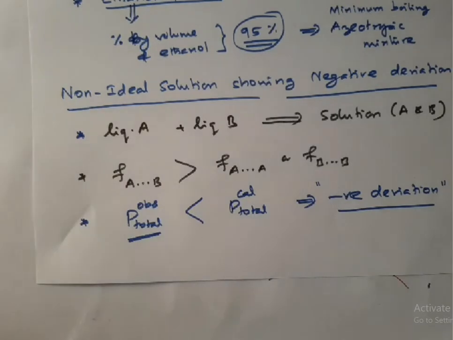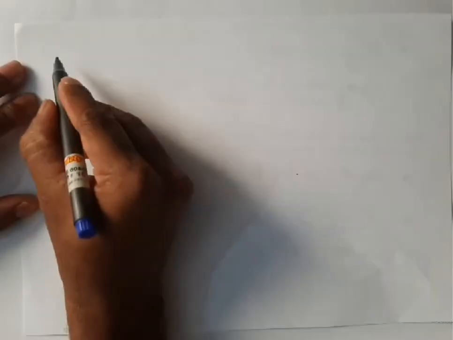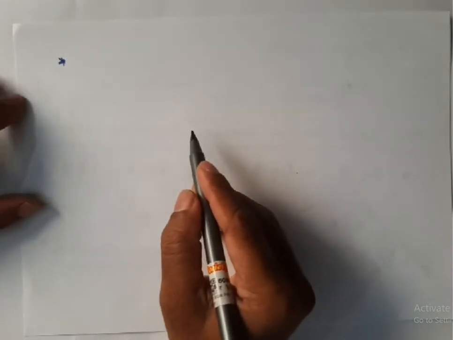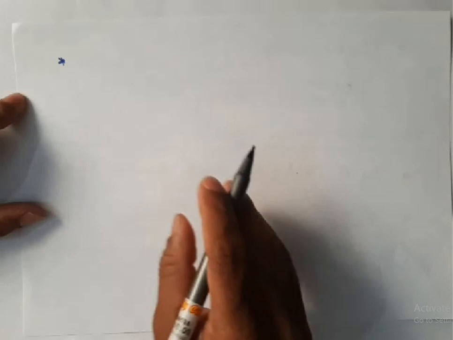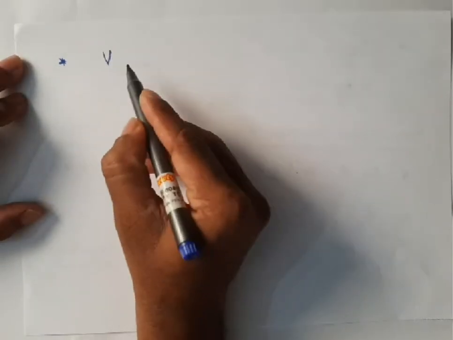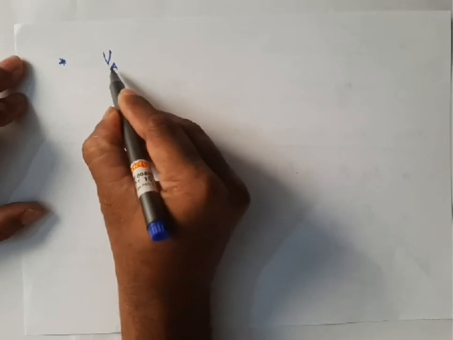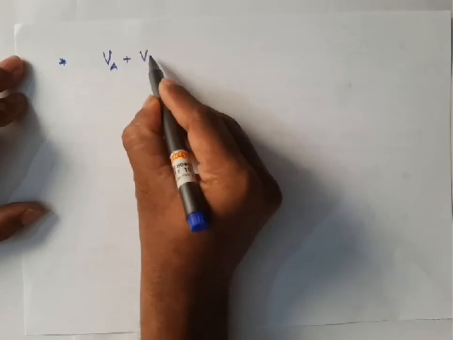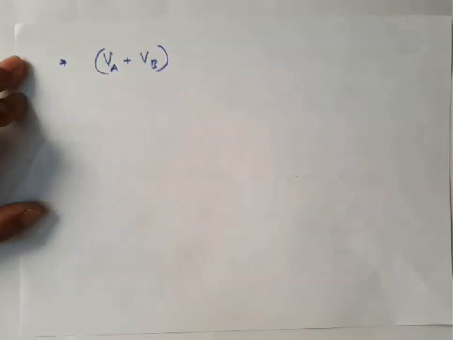This is the first point you should keep in mind. Now, what about delta V mixing? Since a strong force of attraction exists between A and B, consider the total volume, that is volume of liquid A plus volume of liquid B. This is the total volume before mixing.